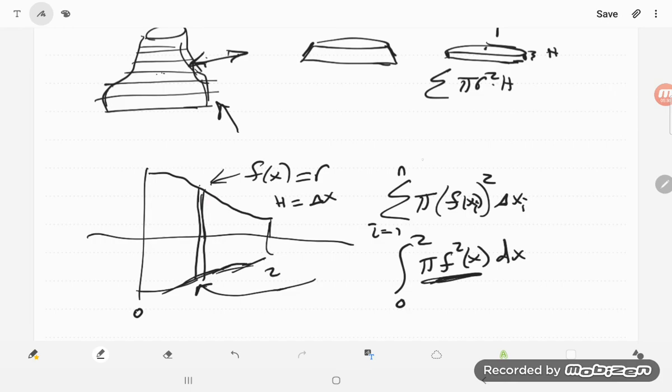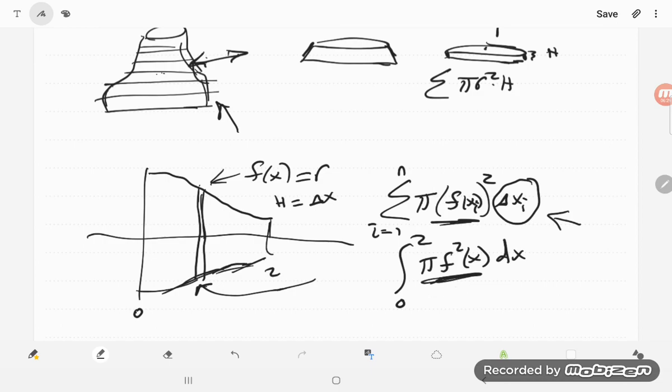If we can model a given volume by a disk, and typically the height of that disk is going to be a delta x or a delta y or something like that, and we can get the overall silhouette of that thing in terms of some function f of x, then we have a model for the volume that we can take the limit of and produce an integral.